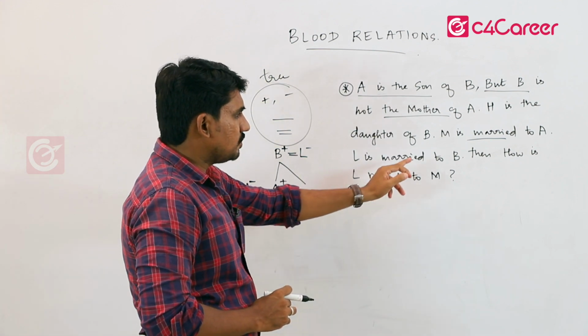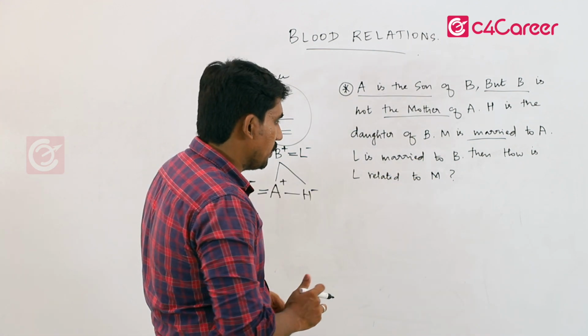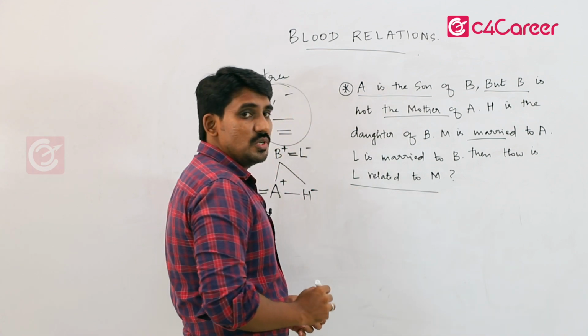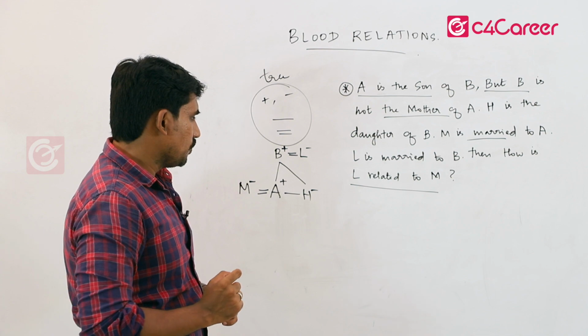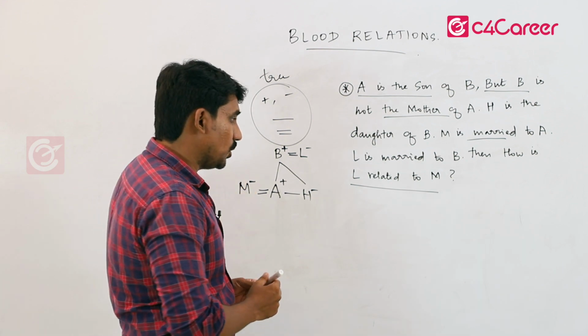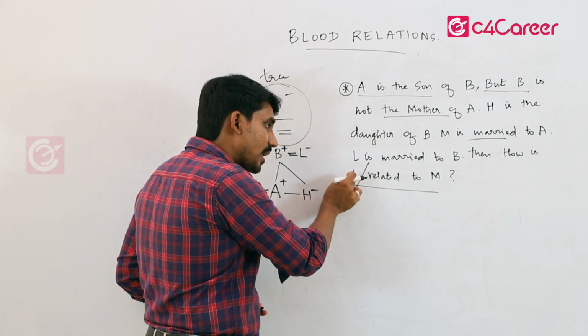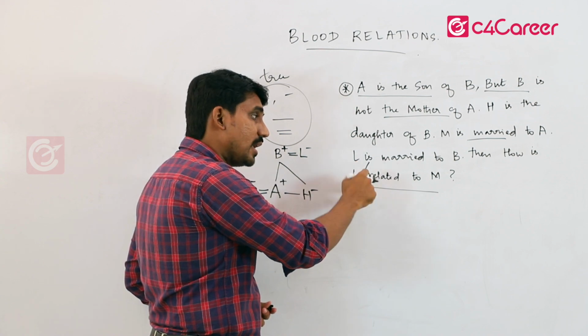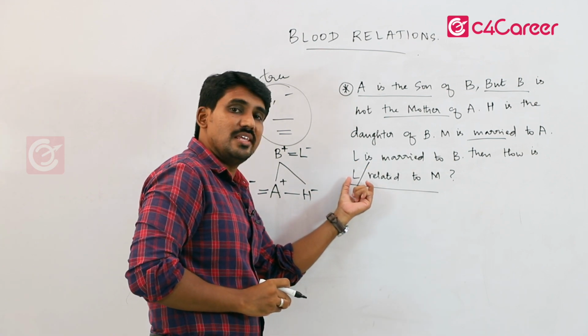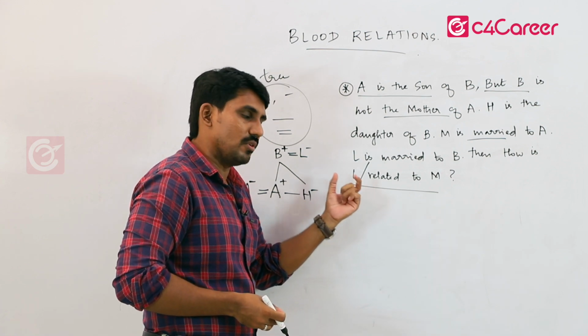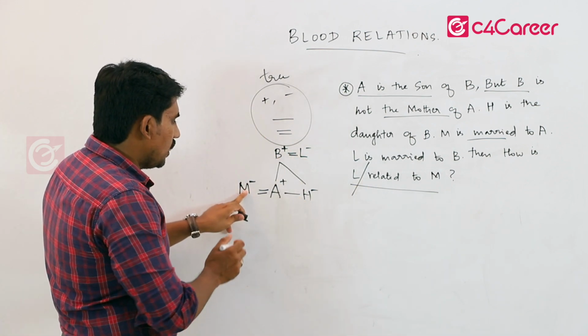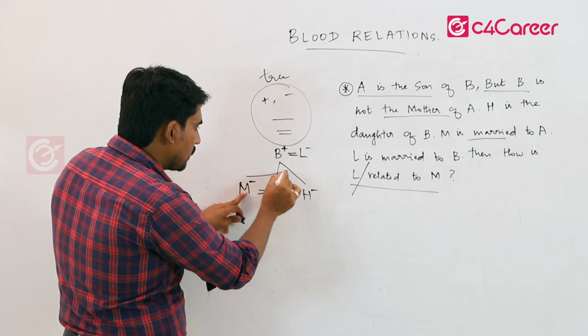Then, how is L related to M? This is the question. How can we find the answer? They are asking the relation of L, related to M. We have to find the answer for L. Now, from M, we have to check.